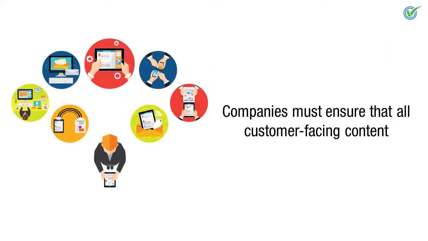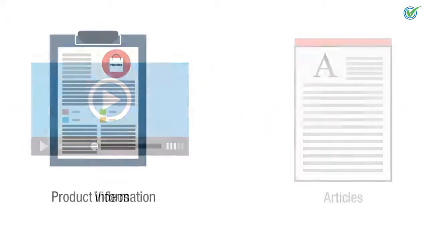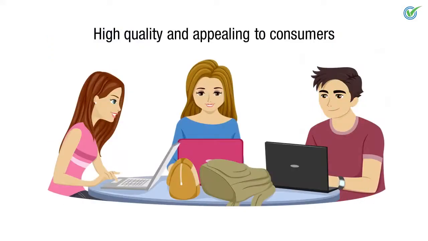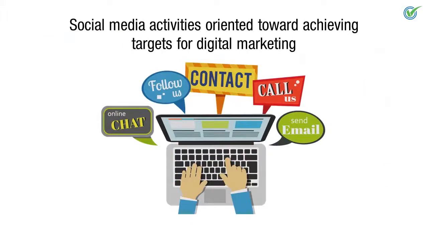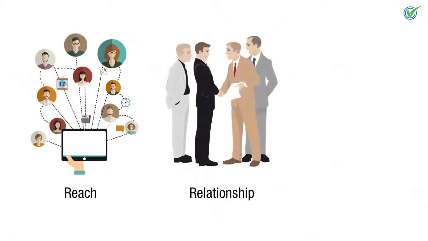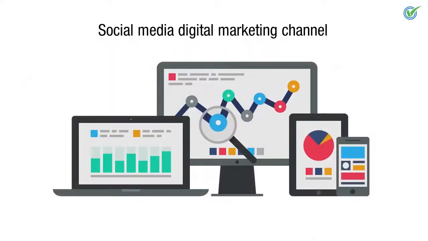Companies must ensure that all customer-facing content, videos, articles, product information, or advertisements is high quality and appealing to consumers, and that all social media activities are oriented towards achieving the overall targets for digital marketing. This chapter describes a number of tools and methods by which a company can maximize reach, relationship, and reputation using the social media digital marketing channel.